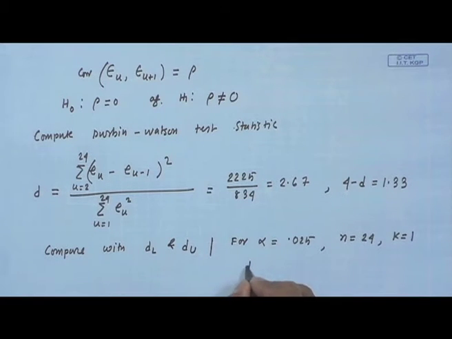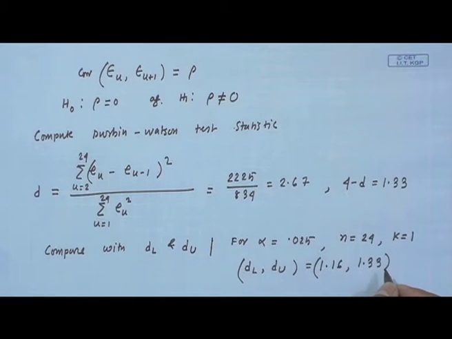You can check that dl and du are 1.16 and 1.33. Okay. Now, we need to think about the critical values.